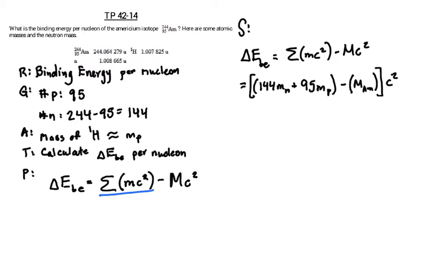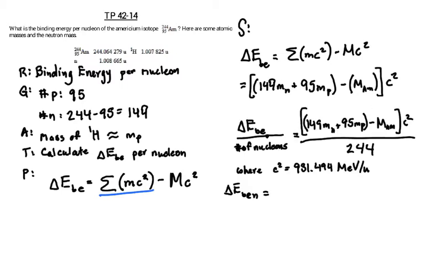I just realized that I did some very poor math. 244 minus 95 is not 144, it is 149. So I apologize, let me fix that real quick. Now I've made my corrections. I've written out the binding energy over the number of nucleons, and so that gives us the binding energy per nucleon, and I have that as the last step right there.